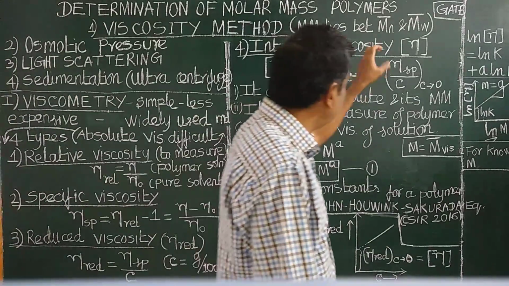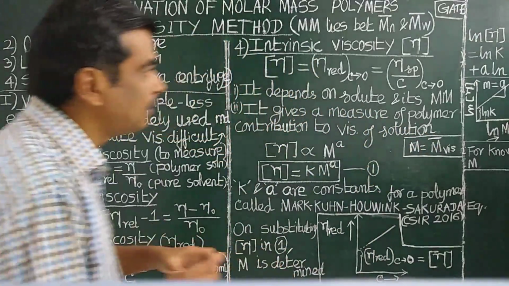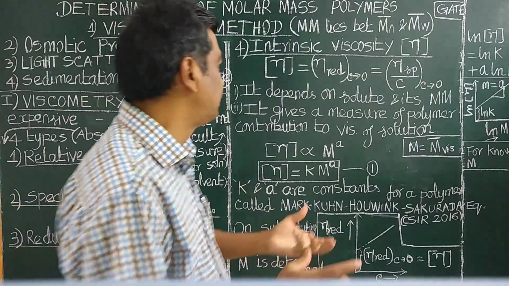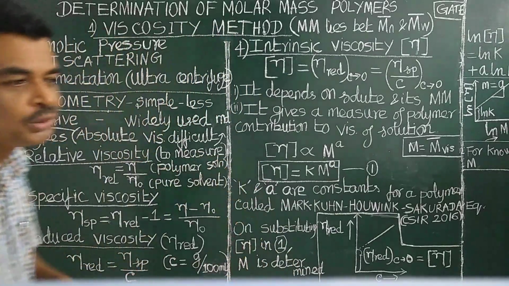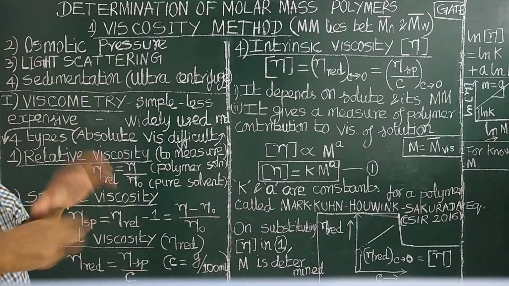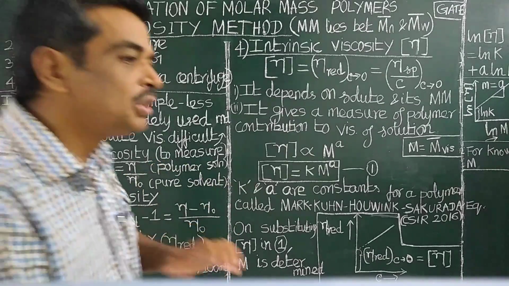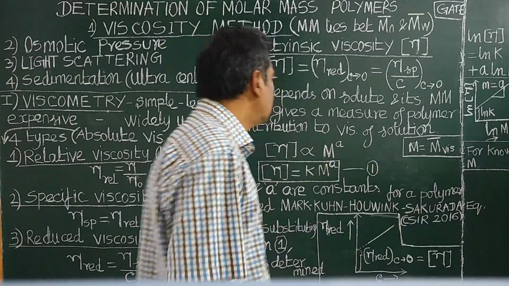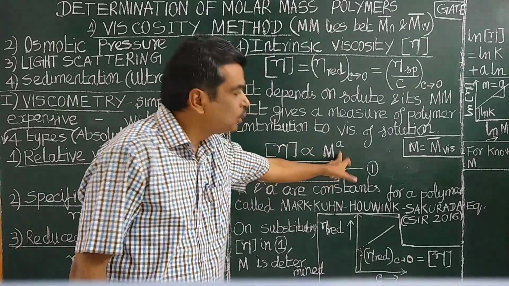Intrinsic viscosity is very important. It depends on the nature of the polymer and its molecular weight. It gives a measure of the polymer's contribution to the viscosity of the solution, that is, the contribution of the dissolved polymer to the viscosity of the whole solution. Now, the intrinsic viscosity is related to molar mass.